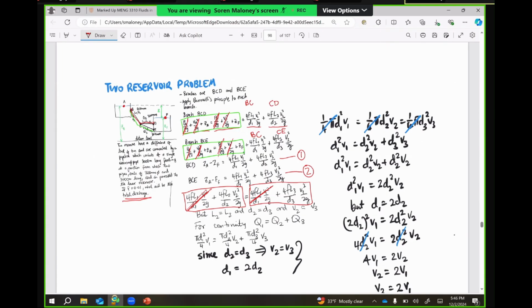Right? So L2 is equal to L3, D2 is equal to D3, V2 is also equal to V3.